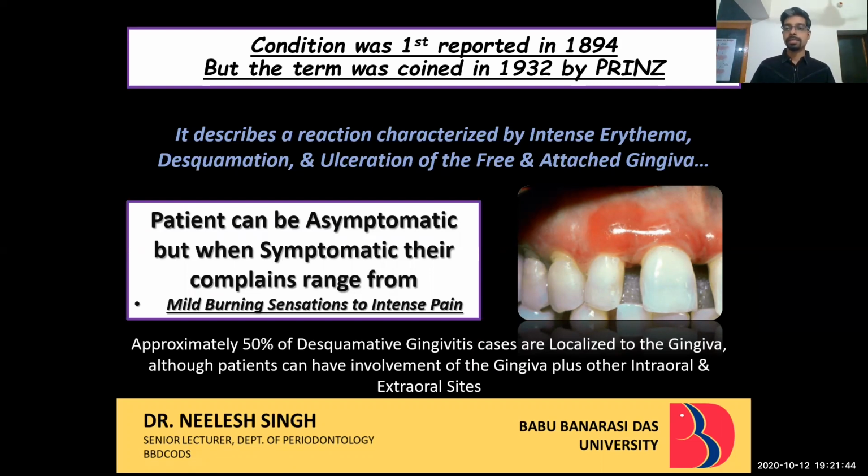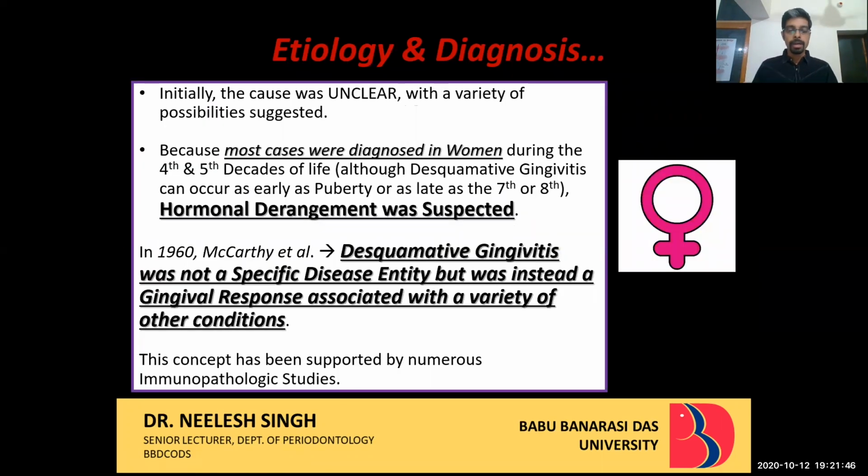and extraoral sites also. Coming on to the etiology and the diagnosis, initially the cause was unclear, with a variety of possibilities suggested because most cases were diagnosed in women during the 4th and 5th decades of life, although desquamative gingivitis was found in puberty also and in the 7th and 8th decade of life. Hormonal derangement was suspected.